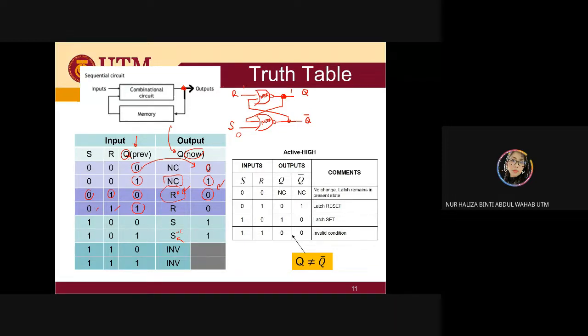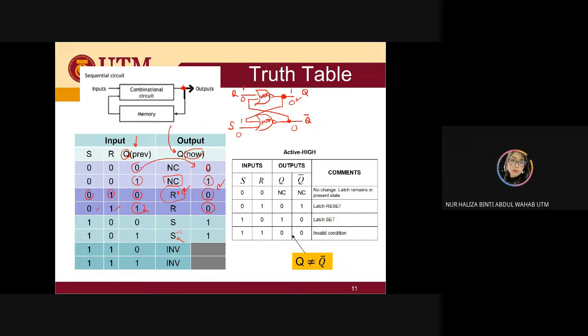Now you can see what will happen. When you have 1 here, it will be moved here. 1 and 0, you will get 0. 0 will be given here. 1 and 0, you will get 0 for the new output. That's why you can see here now your new output is 0.